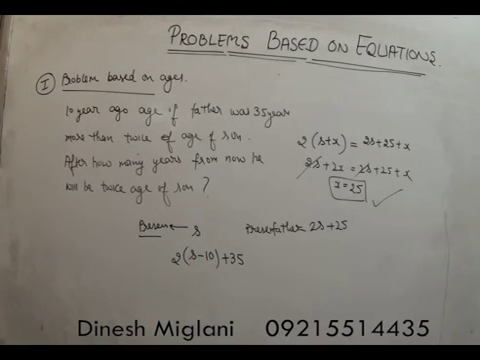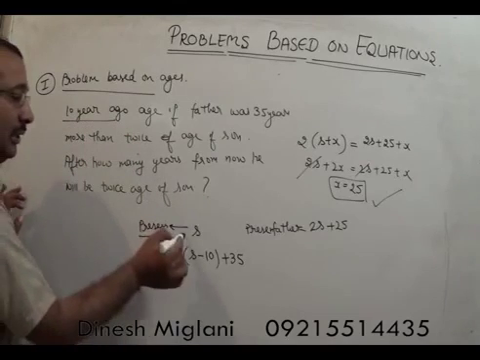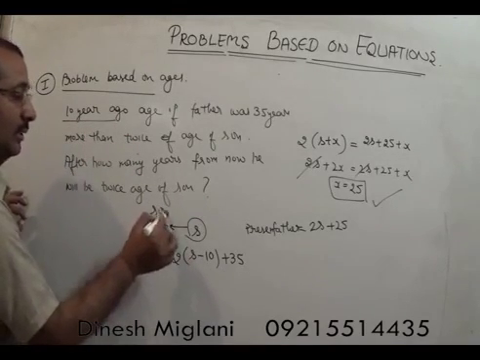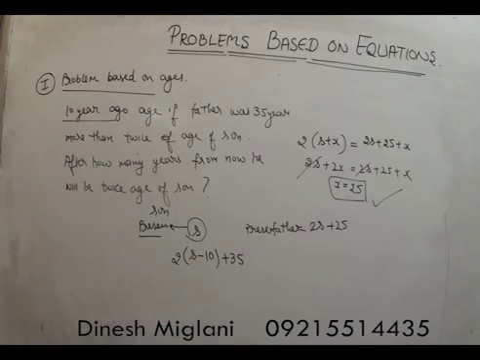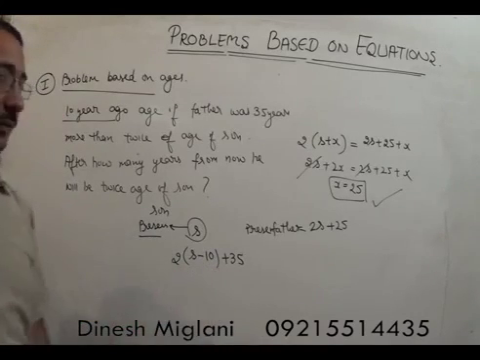Right? What we have done, first I have taken the present age of the son, that is equal to S. 10 years ago it would be S minus 10. It is given that 10 years ago father was 35 years more than twice the age of the son. So I have made it as twice the age of the son plus 35, right?